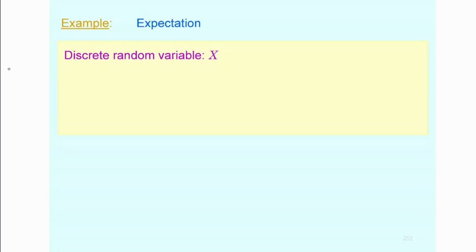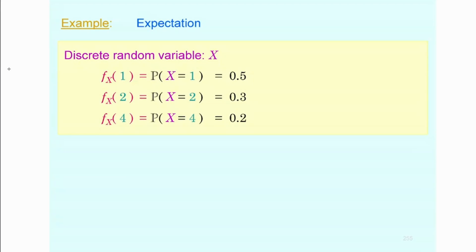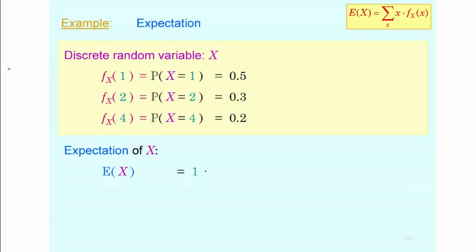Now, regarding the expectation of a discrete random variable, I want to consider the example again with the previous probability mass function. I told you before, the mean or expectation, both terms are used, of a discrete random variable is equal to the weighted sum of its realizations, each weighted by its corresponding probability. So one is a realization of the random variable. How do you know?